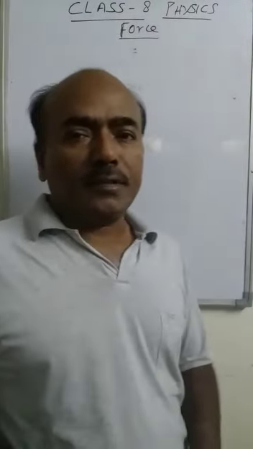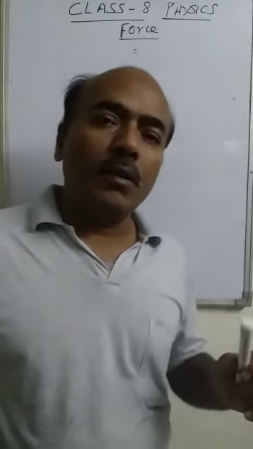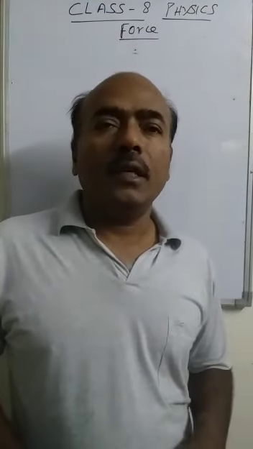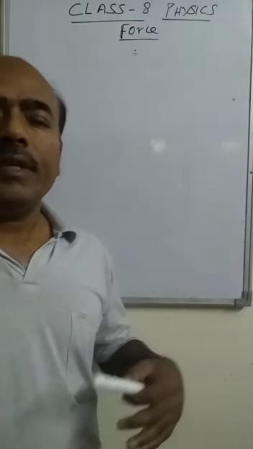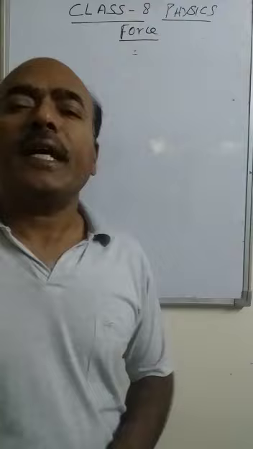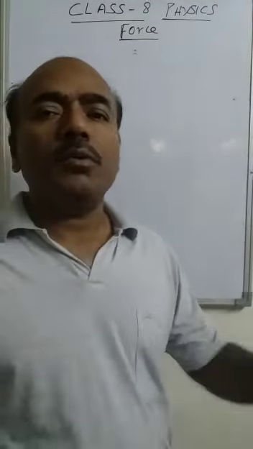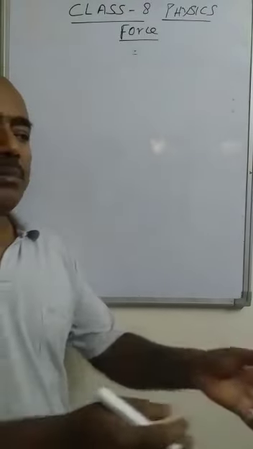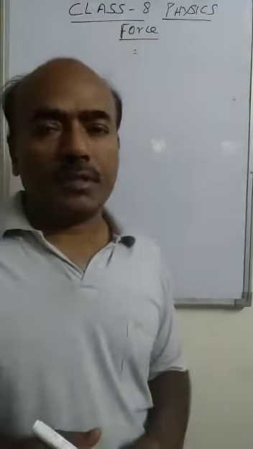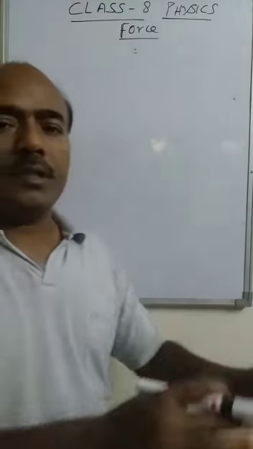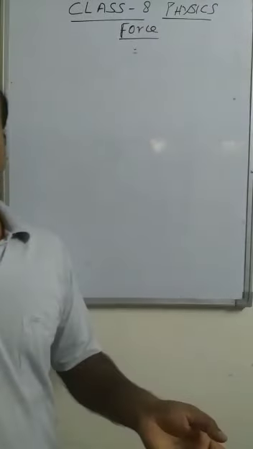In the continuation, we will see that force is required for all activities. While we apply force, that force is applied from some source. Suppose I pull the table, I am the source applying the force. If I push the same table, I am the source.